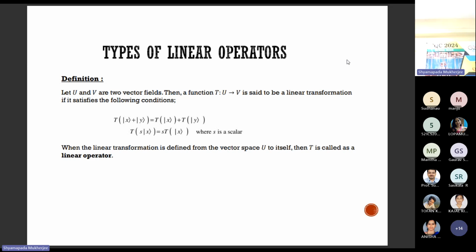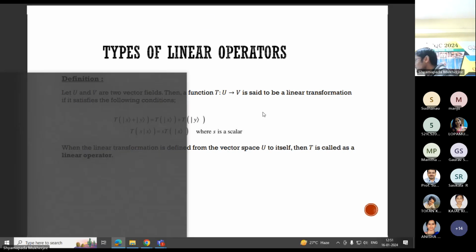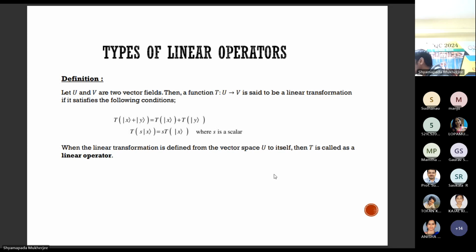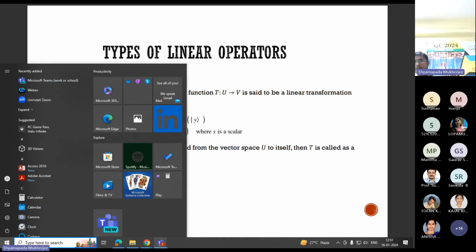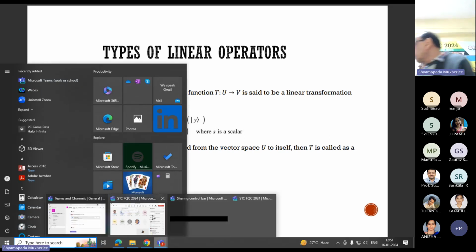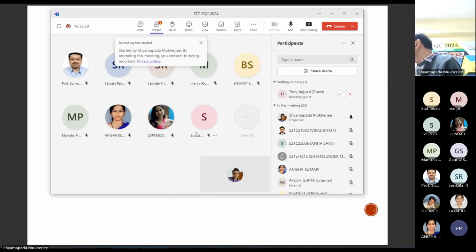No, but it is not moving, ना? नहीं, उसको नॉर्मल कर दो. ये फुल स्क्रीन है ना, इसको हाफ स्क्रीन.